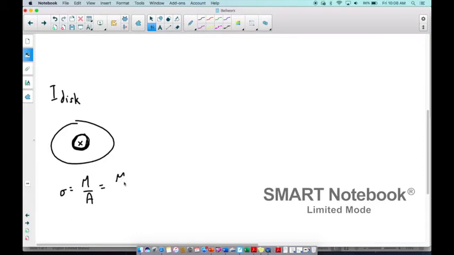So this thin disk has a big radius, big R, so its area is going to be pi big R squared. And then from a small point of view, my dm, what area does that dm have? Well, let's think about this. If I were to cut that and unroll it, it would form a line.